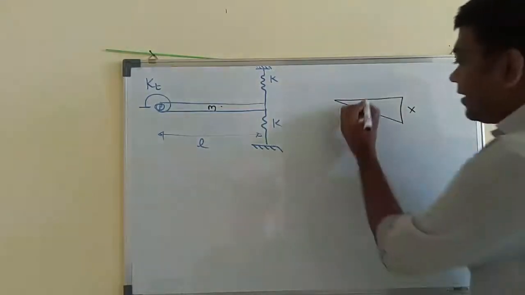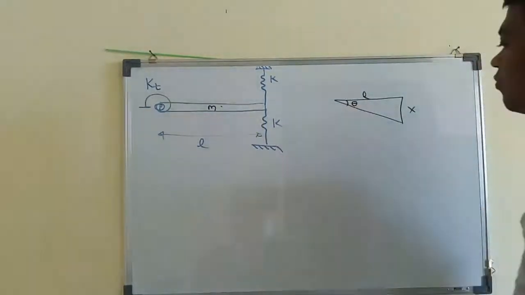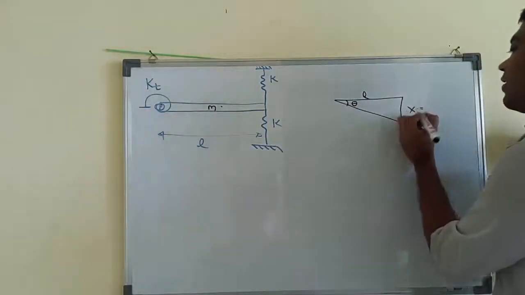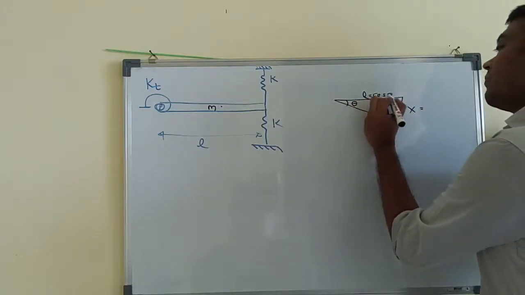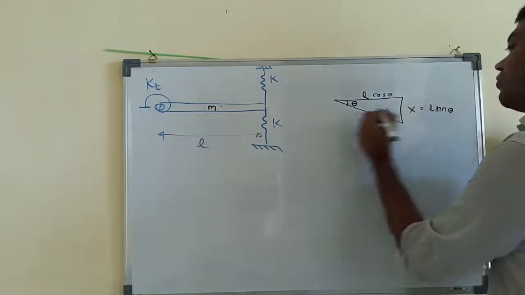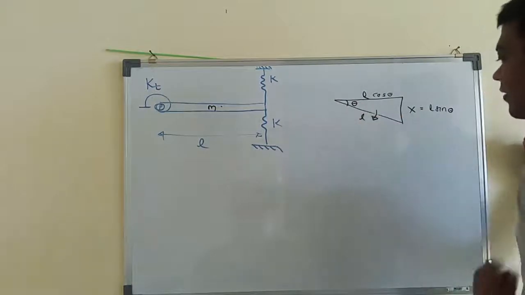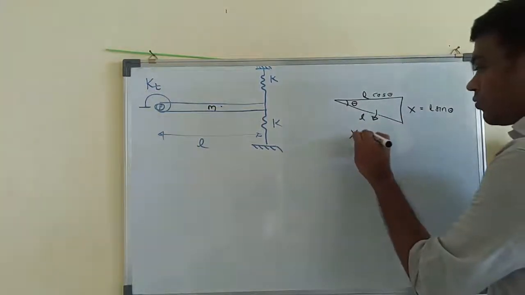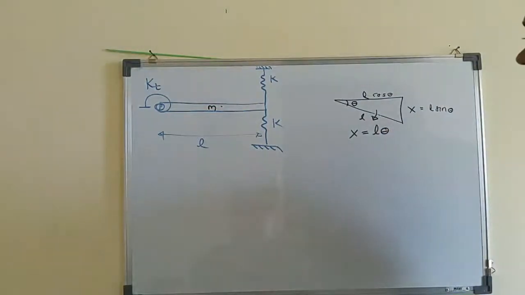Length is L. If deflected by an angle theta, what do we get? Here this is L cos theta and this is L sin theta, and this was your L after deflecting by an angle theta. So we get x equals L theta, as theta is very small and sin theta is theta.